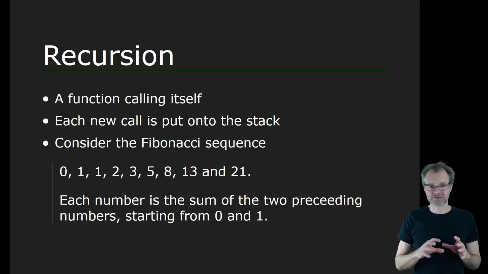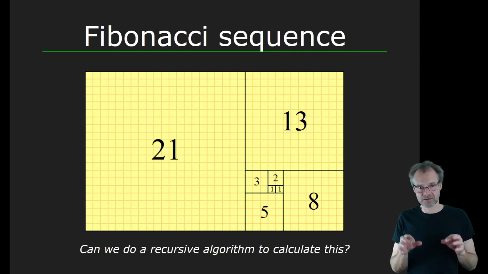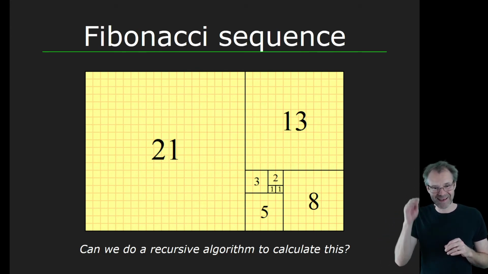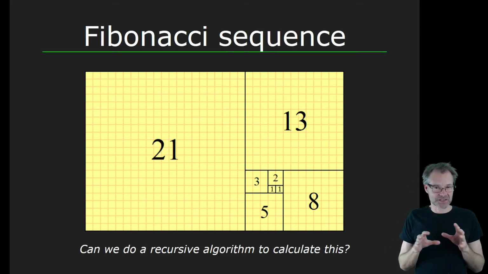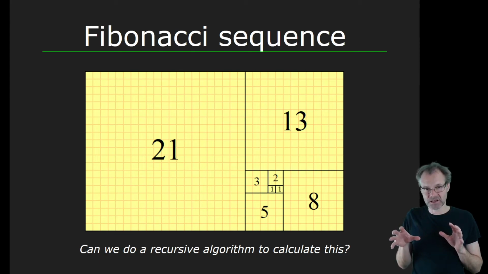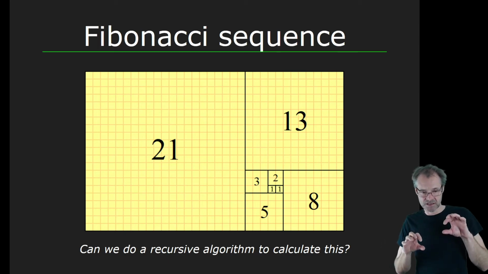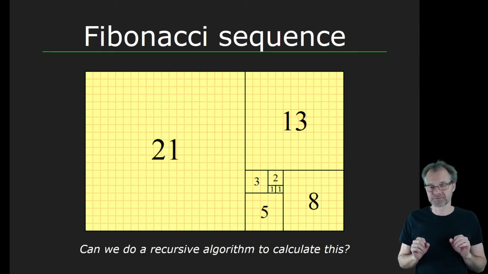Let's see how a recursive solution would look for solving the Fibonacci sequence. This is just a way to visualize the Fibonacci sequence, and in general it tries to show a natural way of working with numbers where numbers relate in size to each other. It could be used in design, providing a pattern for how one section in size should relate to another section.